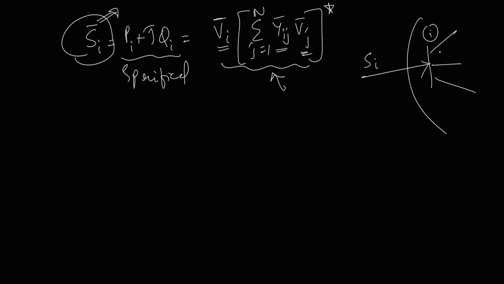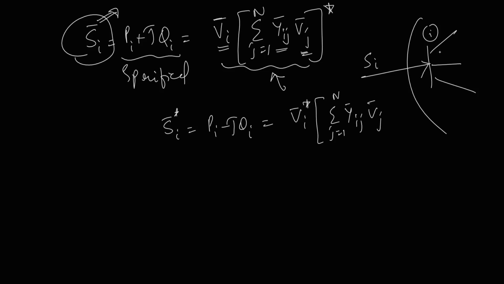Now I take the conjugate once again, Si conjugate, which equals Pi minus jQi, equals Vi conjugate times the summation j equals 1 to n of Yij Vj.